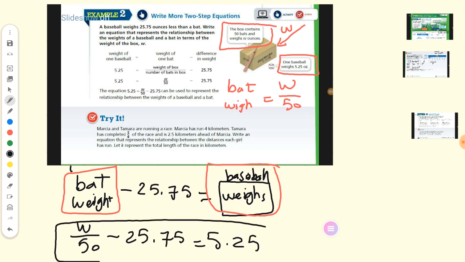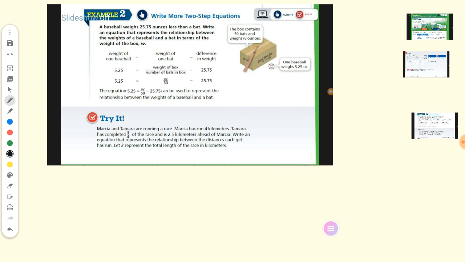This is the equation. This is the last form of the equation. Okay? Hope you understand it. The next question. So, to apply what we understand, we have to solve the next question.